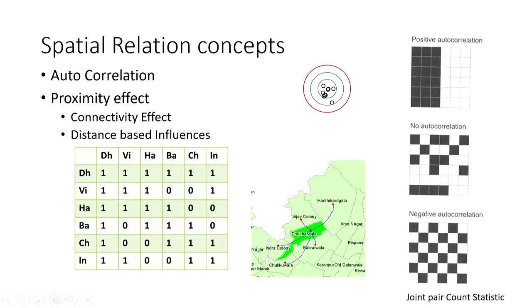In the case of areal data sets, we look for connectivity. That means the effect on a polygon from neighboring polygons is generally modeled on the basis of their connectivity. If there is some kind of connectivity between two polygons, then there are chances that the values will have some kind of weighted influence on the values at the center of these polygons.